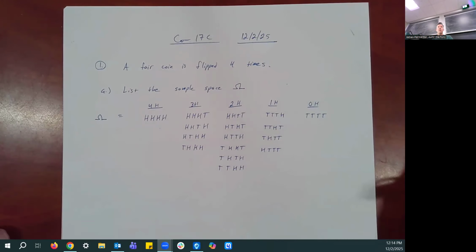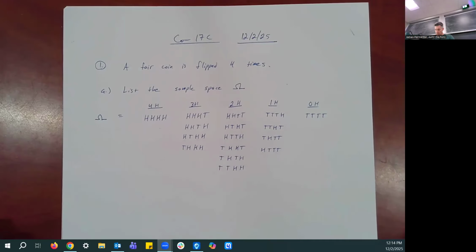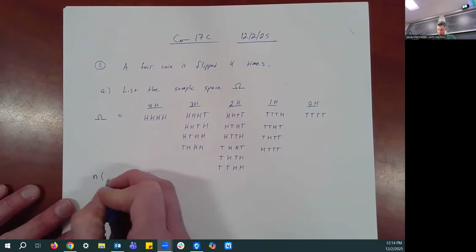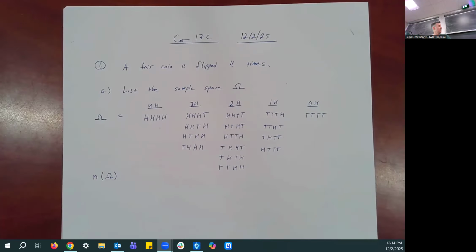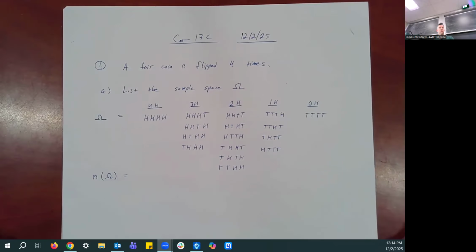So how many outcomes are in our sample space? Well, 1 plus 4 plus 6 plus 4 plus 1, looks like there's 16. One way to think about the size of the sample space is what we've been doing before, just counting all the possibilities. For the first flip, how many possible outcomes were there? 2.